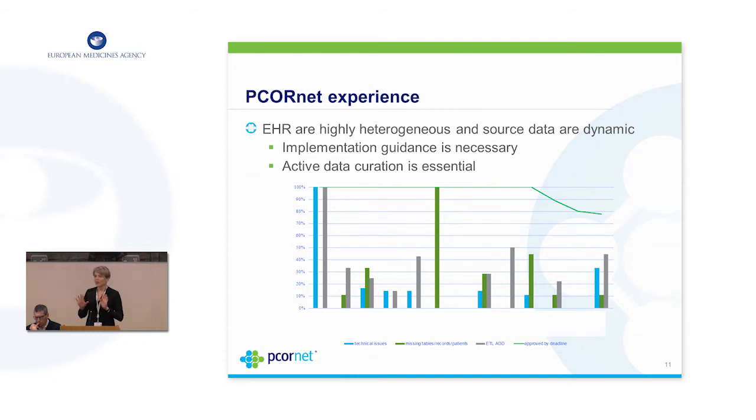So we're a few years into this, and we still find that there may be some basic issues in the common data model data marts that have been stood up across the sites. They're going way down over time. We still find that sometimes things are missing, and sometimes those things were not missing with the last refresh, but they are missing in this refresh. And so that constant attention is critical.